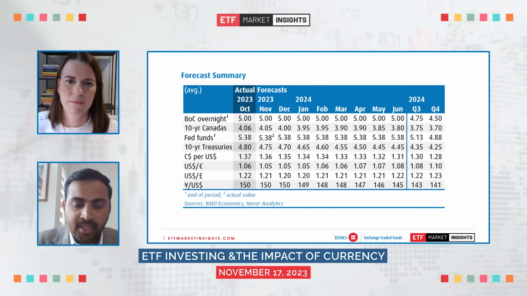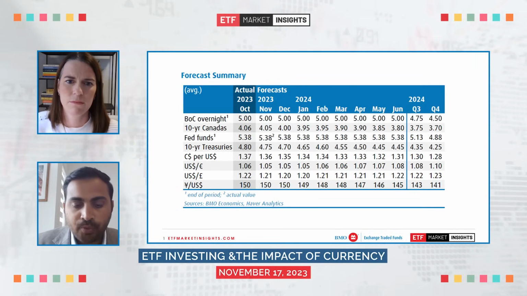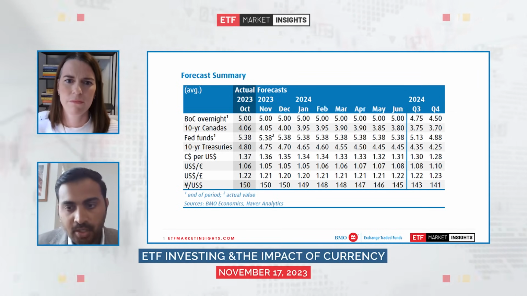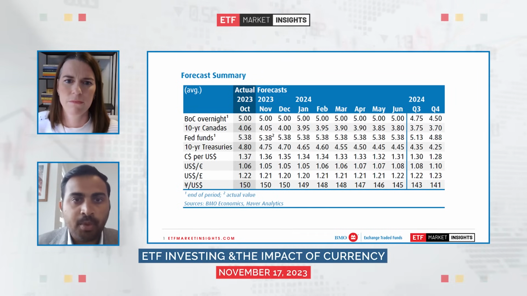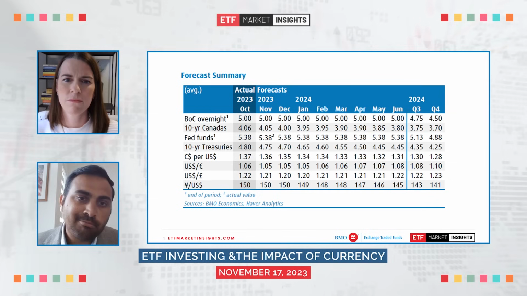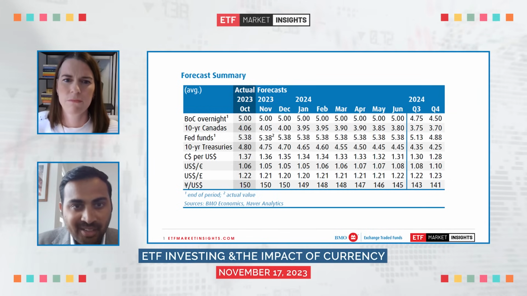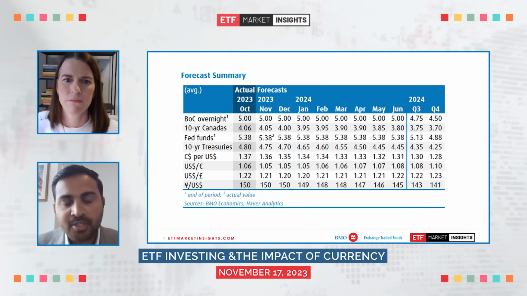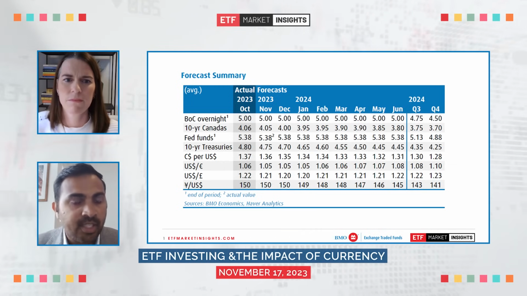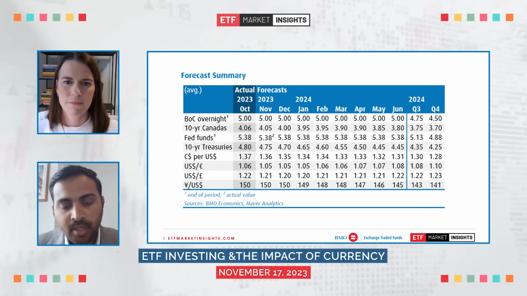But going forward, a few factors will determine where USD CAD goes. We think it'll trade between a range of 1.3 to 1.4. Around 1.4, we might start looking at hedging US dollars. Around 1.3, maybe buying some US dollars to get that exposure and diversification in the portfolio.